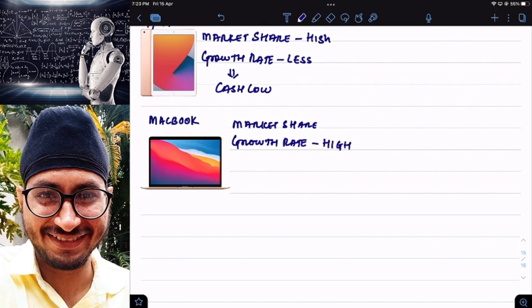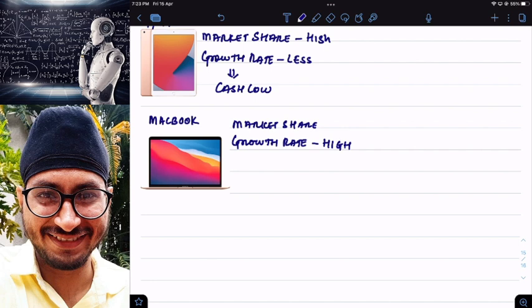Nowadays, the majority of people are slowly shifting from personal computers to laptops. So the future growth rate is very high. But according to you, very rarely do we see any other operating system.